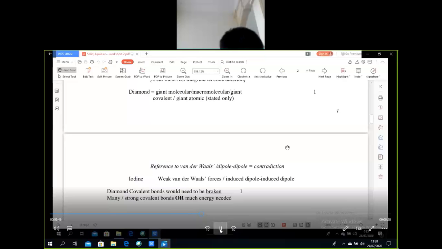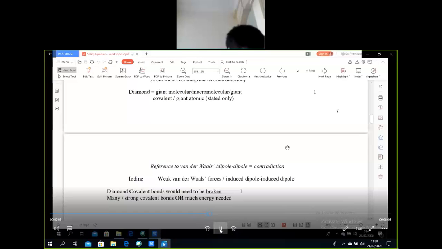So when they combine chemically, there is no electronegativity difference. If there is no electronegativity difference, then this iodine molecule has instantaneous dipole forces that make it have a low melting and boiling point.